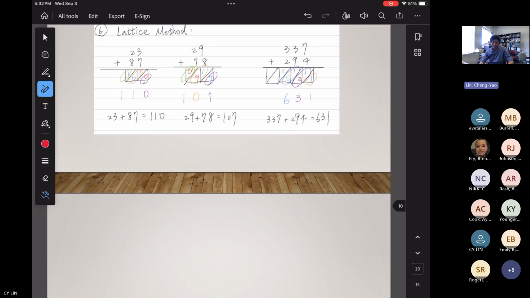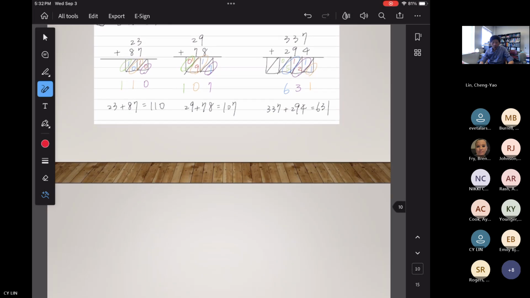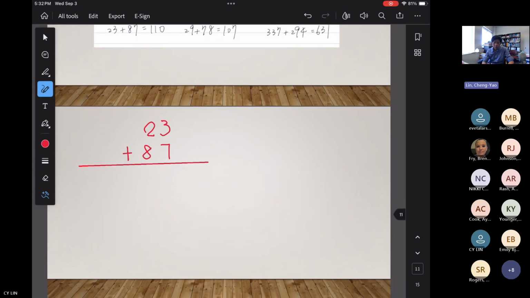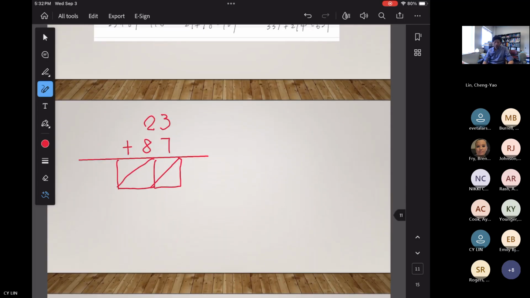So let's do 23 plus 87. You write down 23 and 87 like this, and you want to create a grid like this.